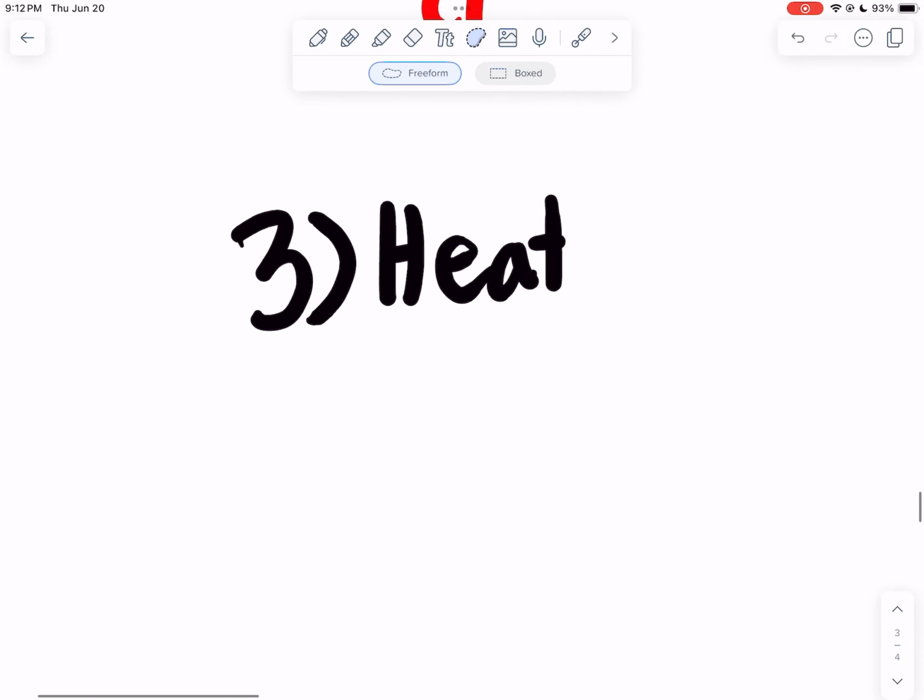Finally, heat is very important. Too much heat can essentially cause a denatured protein, and also proteins when they're too cold also don't work as properly. But heat denatures proteins because heat is essentially energy. At the end of the day, heat is energy.